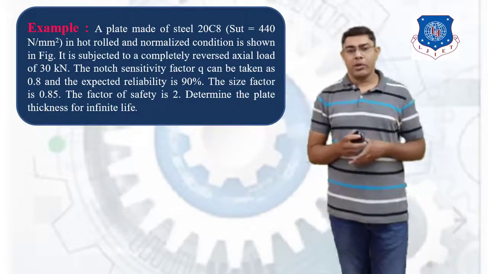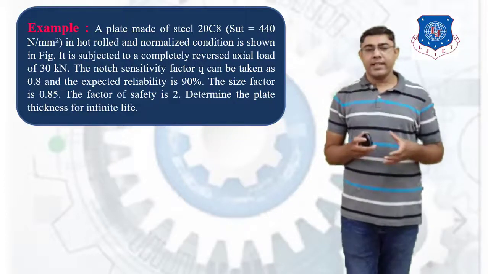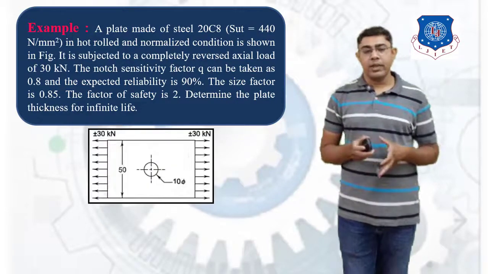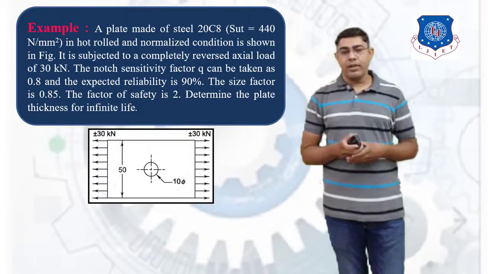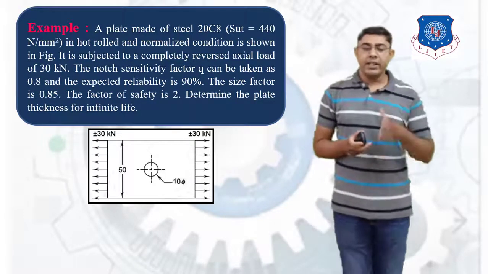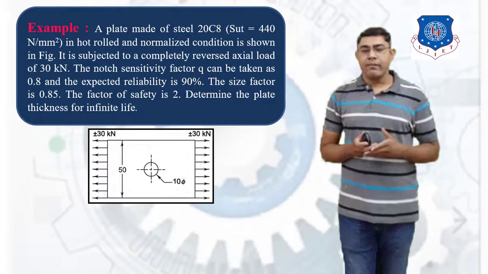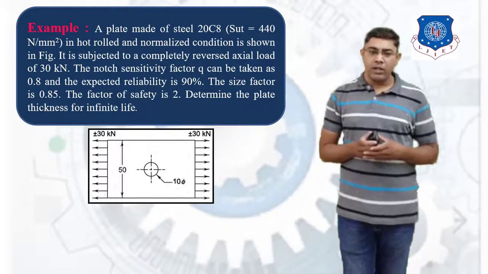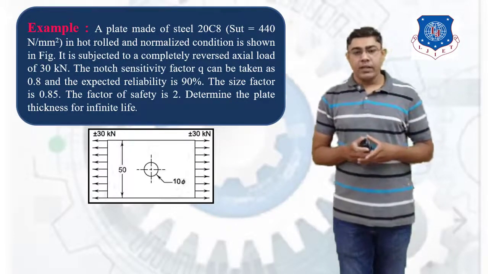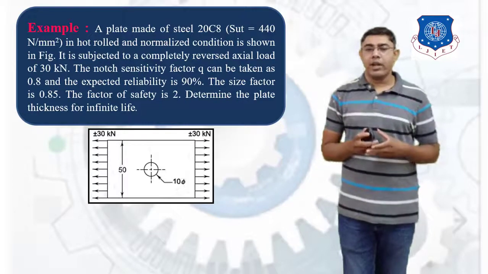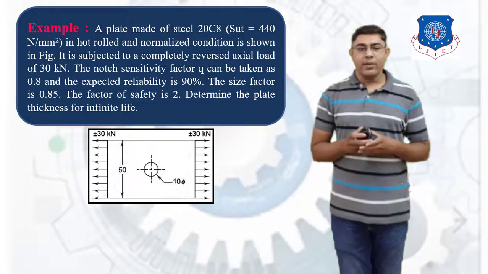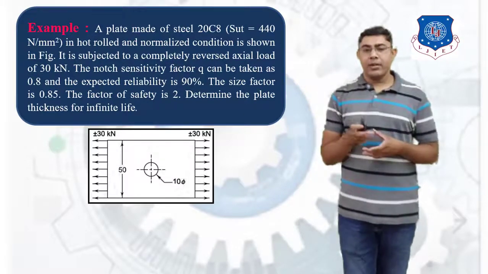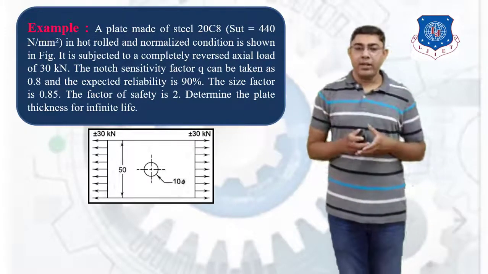You can see in the figure that a load of plus or minus 30 kilonewton is applied, the width of the plate is 50 mm, and there is a central hole of diameter 10 mm. It is subjected to a completely reversed axial load of 30 kilonewton, applied at the end of the plate.